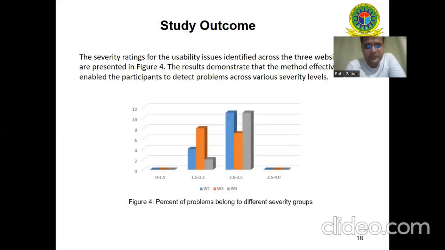And this is a chart to show the range of the severity ratings. As you can see, the severity ratings of all the websites are more than 1.5 and less than 3.5. But problems rated 2.5 to 3.5 were identified the most.